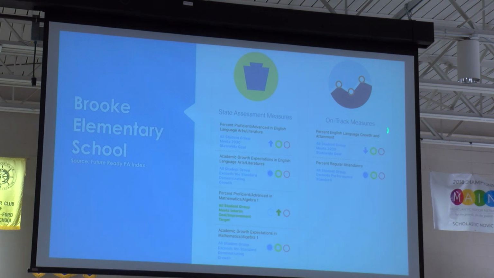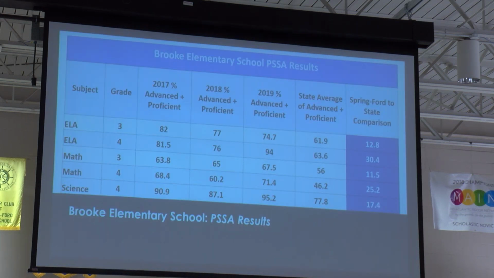On the right-hand side, you'll see the on-track measures, which represents English language growth and attainment. And in this example, Brooke is going to be the only elementary school that will have this particular category. And then the final representation here is your regular attendance, which again is represented in blue, showing that we've exceeded the statewide target for that.